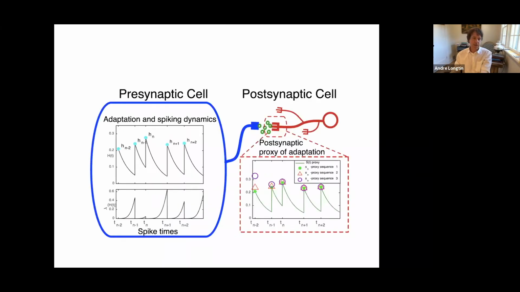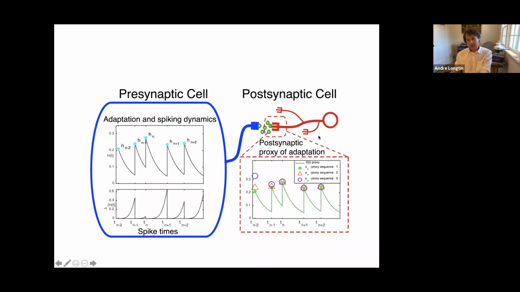All right, so this is how it would work. You get these adaptation states for the adaptation process. The hazard rate, the firing probability goes up with time, okay? And until you hit a spike, and then it goes down. It's silent for a while and goes back up.